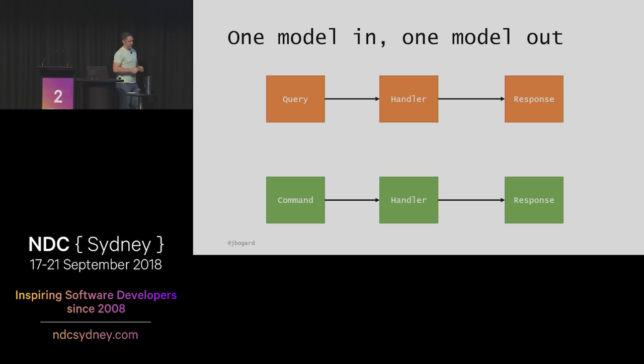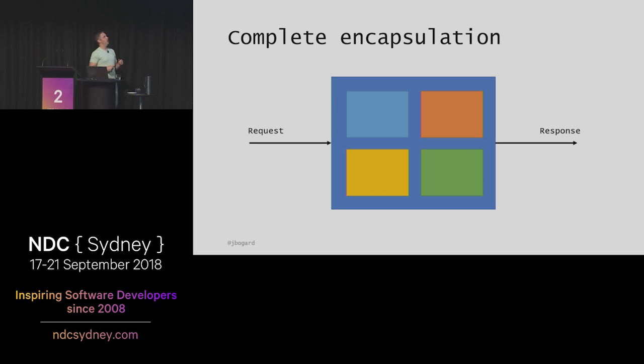So we then took this another step further. This is just talking about the main meat of the work in this middle handler. We started to move everything related to handling that request into that single class that represented everything to do. So we had more or less complete encapsulation of how that work needed to be done, so that when the request came in, it was basically a black box.